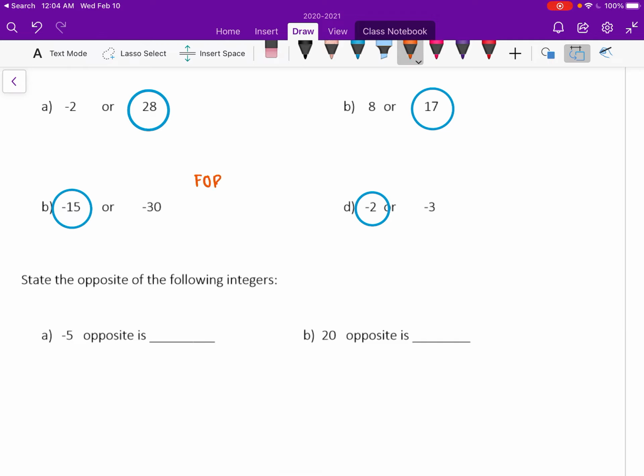For negative numbers, the closer to 0 is the larger value, right? So 15 is closer to 0. Okay.